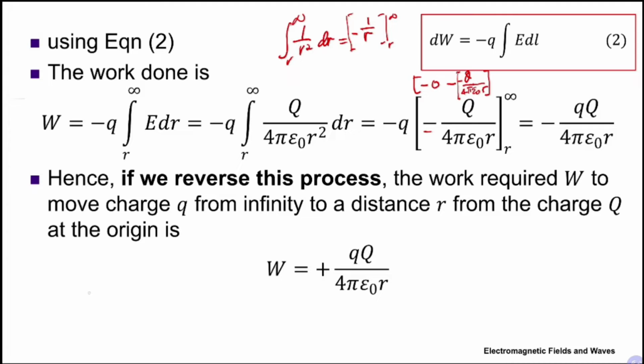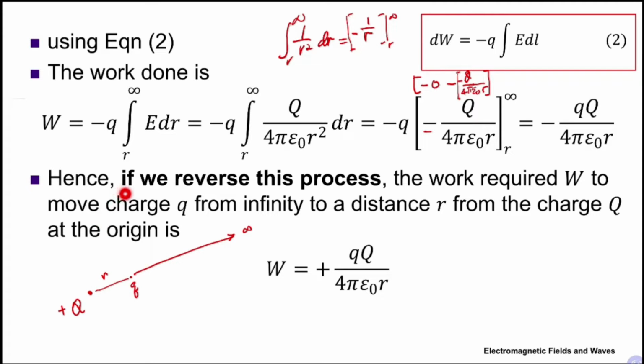So we have a charge plus Q, and we're moving a small charge q from R to infinity. That's the amount of work done in order to achieve that in the presence of the electric field created by the plus Q.